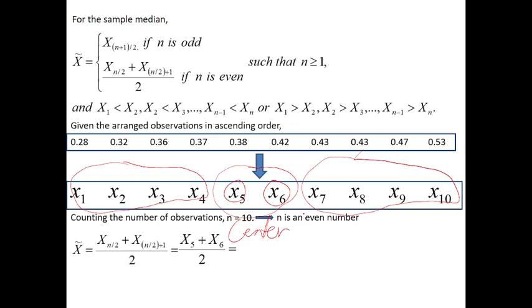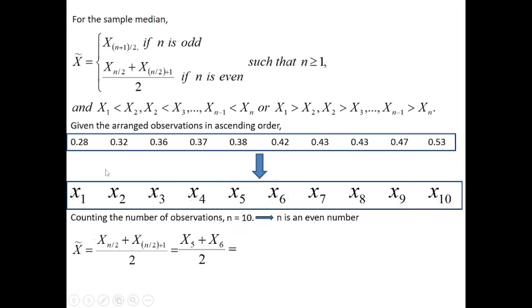So you get the average, x sub 5 plus x sub 6 all over 2, and that is simply the median. This is the notation of the median: x with, if I'm not mistaken, a tilde. This symbol.